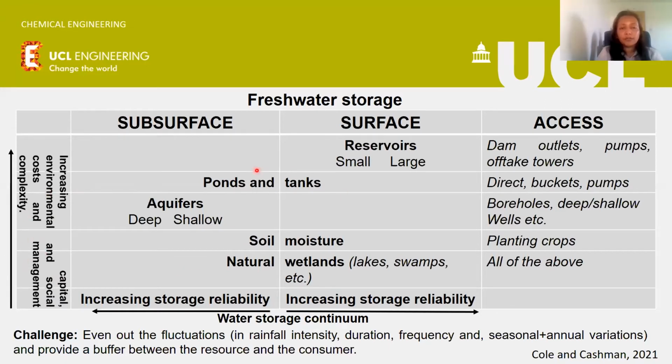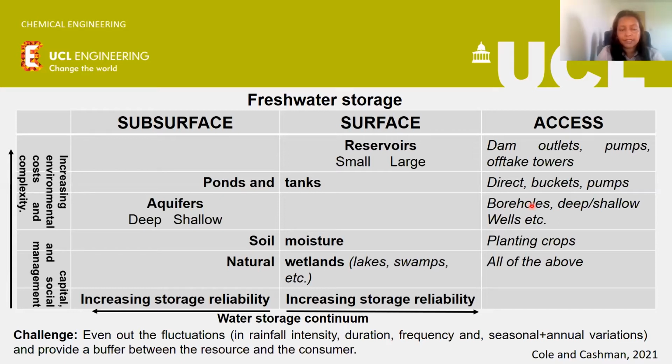When you look at freshwater storage, these are the aspects that people working on water management will be concerned about. We need to keep in mind how we can access this freshwater storage. For example, soil moisture is generally accessible through planting crops, whereas for the aquifer, shallow or deep, you need to think about wells and boreholes. How does it impact the environment?